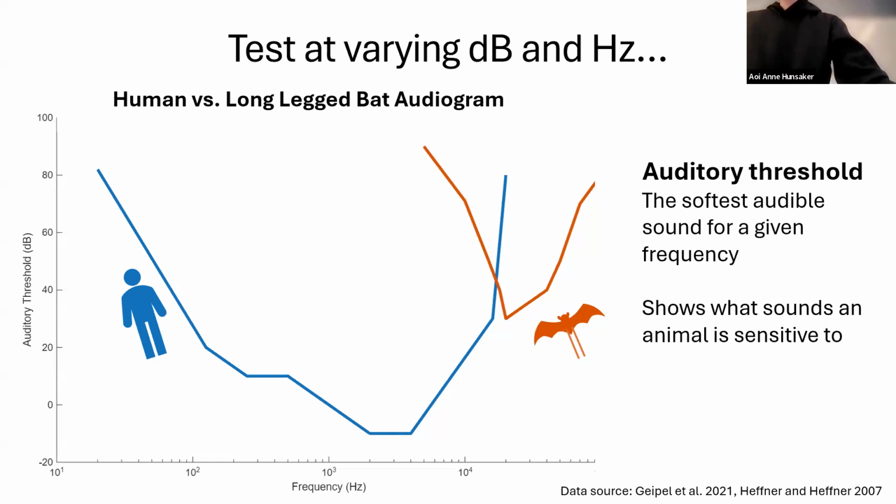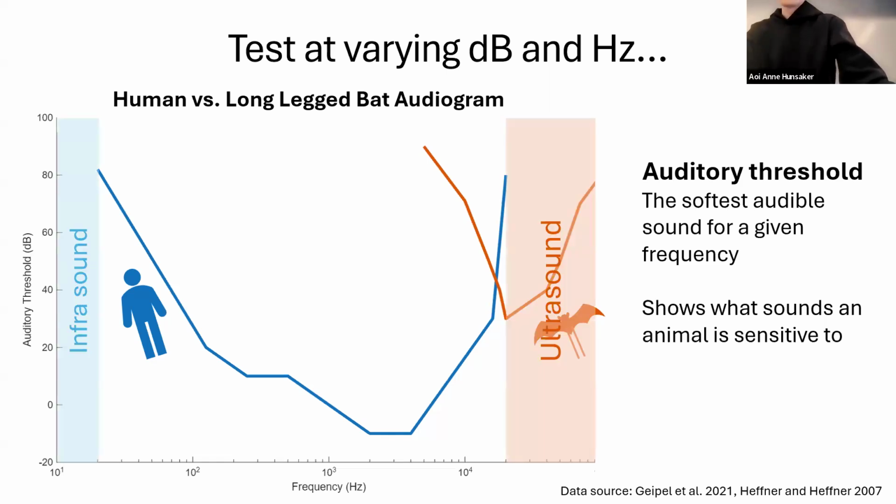And these sounds that are above the human's audible frequency range are called ultrasound, and bats echolocate at these frequencies. And sounds that are below the audible hearing range of humans is called infrasound. And as you can see, these delineations of these physical frequency ranges are human-centric.